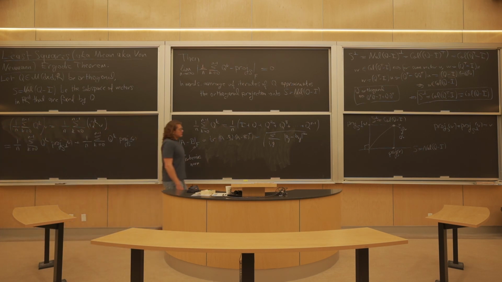Now, by definition, this particular piece, the orthogonal projection of V onto S, has to be in the null space of this. Which means that if I apply this matrix to this, it's going to be 0. In other words, Q of this is the same thing as itself.